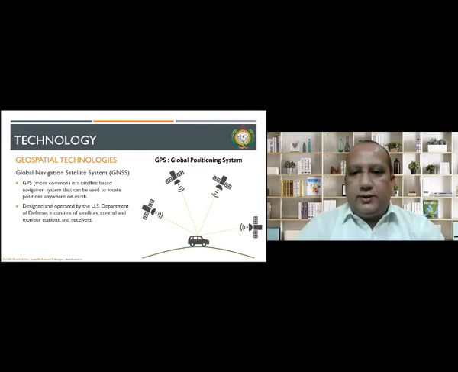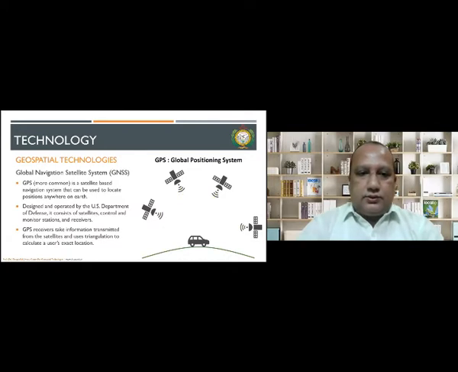The time delay in sending and receiving the signals is calculated, and then we can get the location based on that. So we can know the exact location on the Earth's surface.